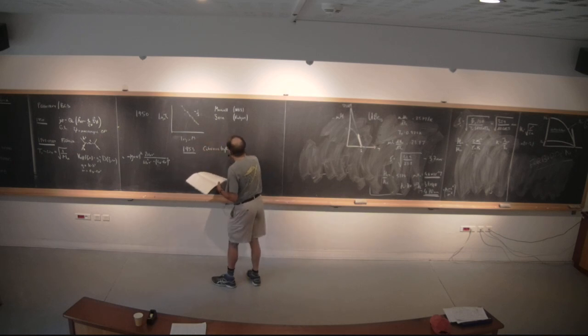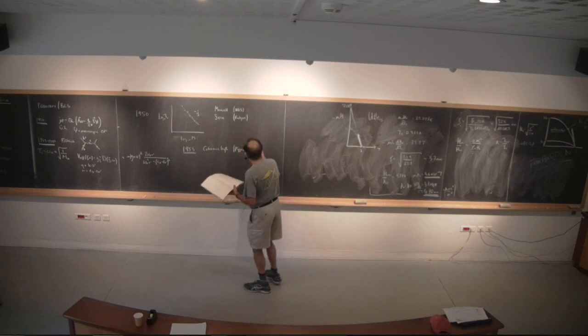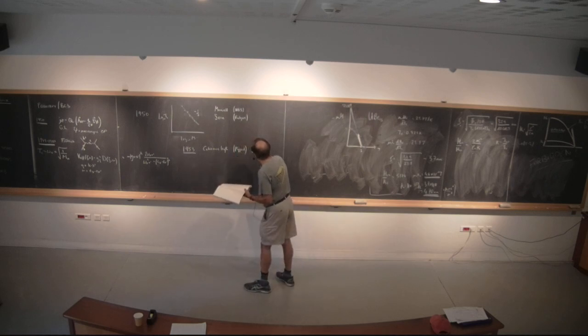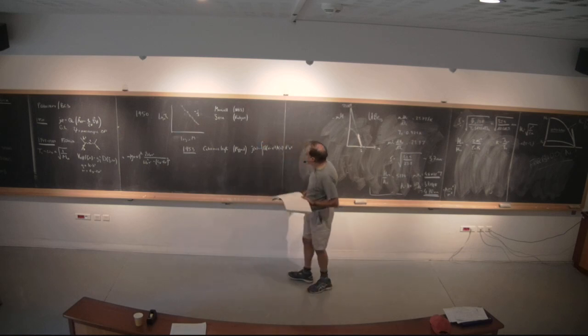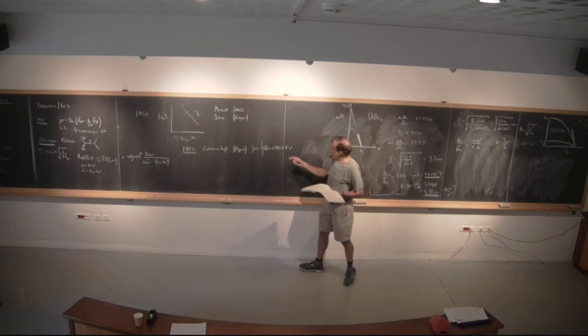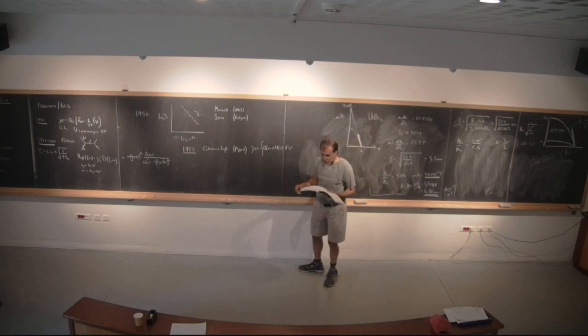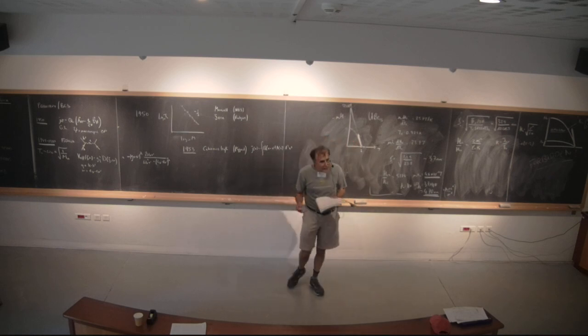This is Pippard, Brian Pippard. And so he introduced J of x equals minus the integral of Q of x minus x prime, A of x prime, d cubed x prime. This was the relationship that he discovered. And once you get a non-local result like that, you wonder, well, why is it non-local?